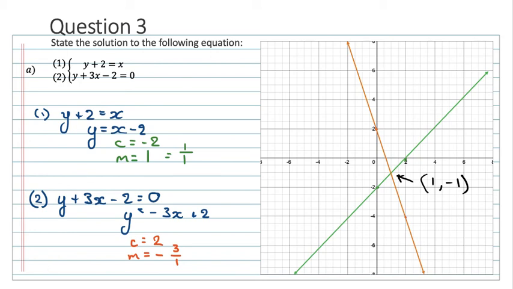Therefore, for this set of equations here, our x and y is equal to 1 and -1.